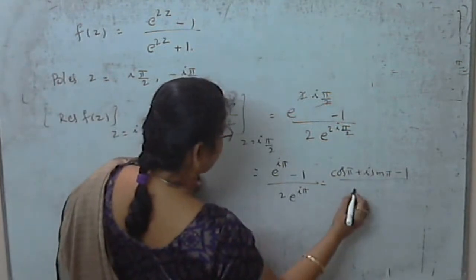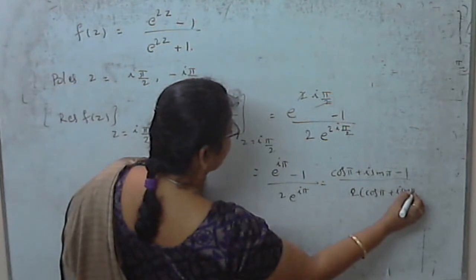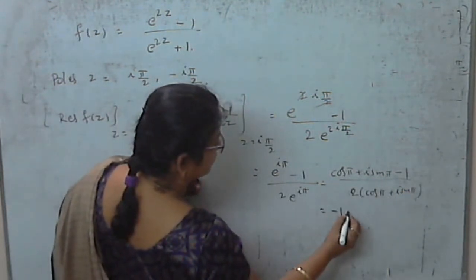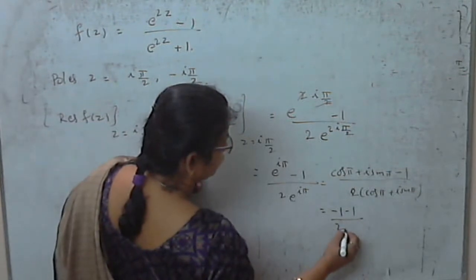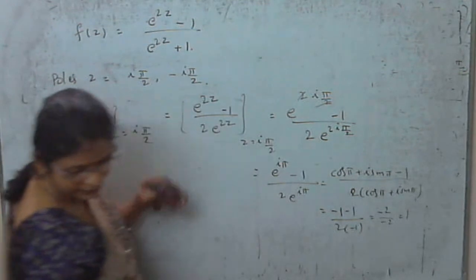Cos pi is minus 1, sin pi is 0. So (minus 1 minus 1) by (2 into minus 1), minus 2 by minus 2, that is plus 1.